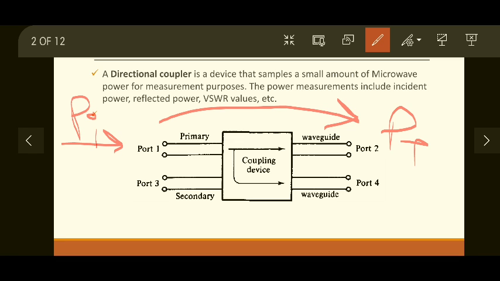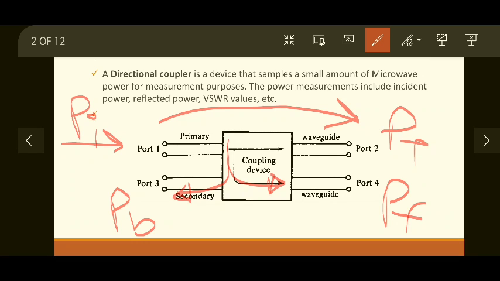No reflection, so the entire power will be transmitted. Now some of that power will be sampled and taken out at port 4. So at port 4 we will have the forward power, which is a sampled power. And at port 3, if it is possible, we can have a backward power.